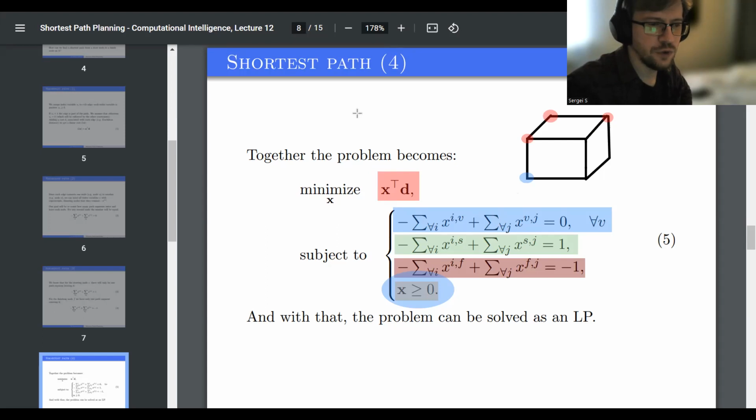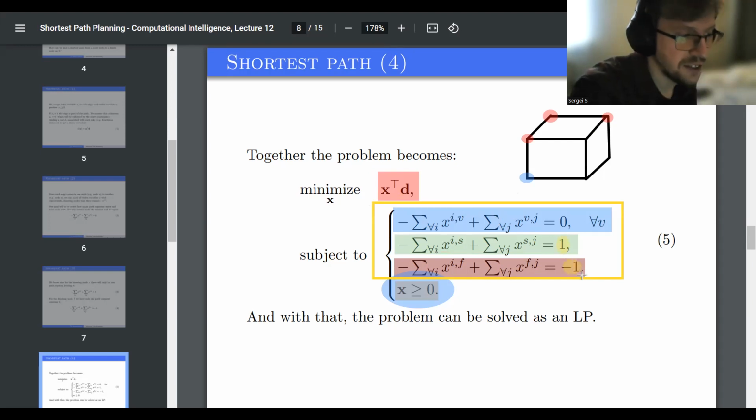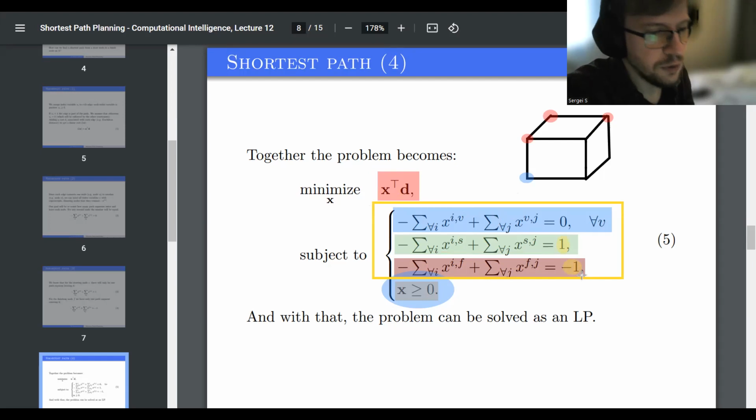For this, you would have to use those constraints, those two numbers, and maybe some properties of the graphs. But I'm not going to attempt to prove it. I'm just saying you shouldn't be surprised that x is either 0 or 1, because the result of an LP is always at the vertex of a domain.